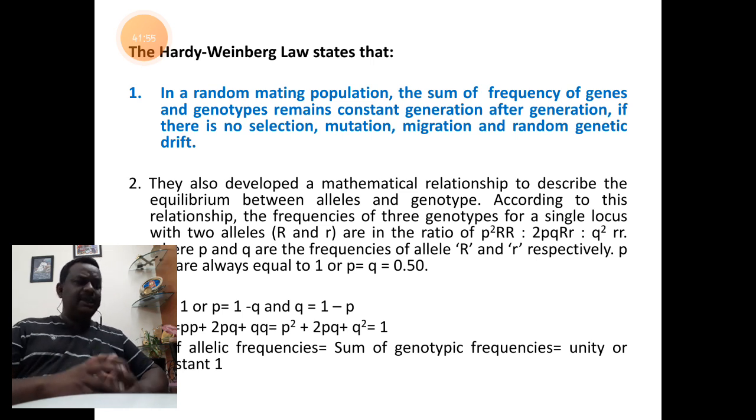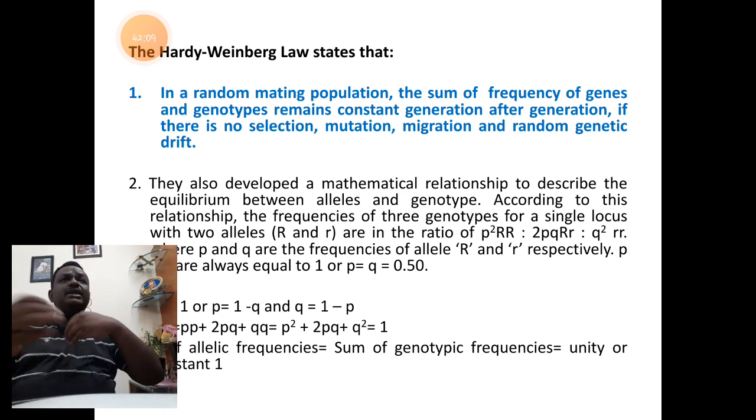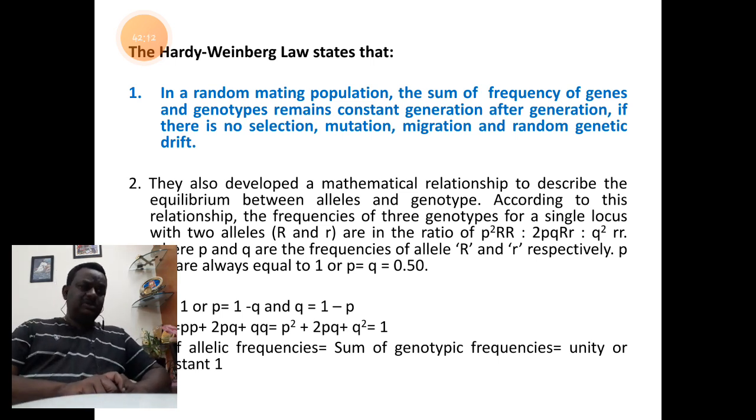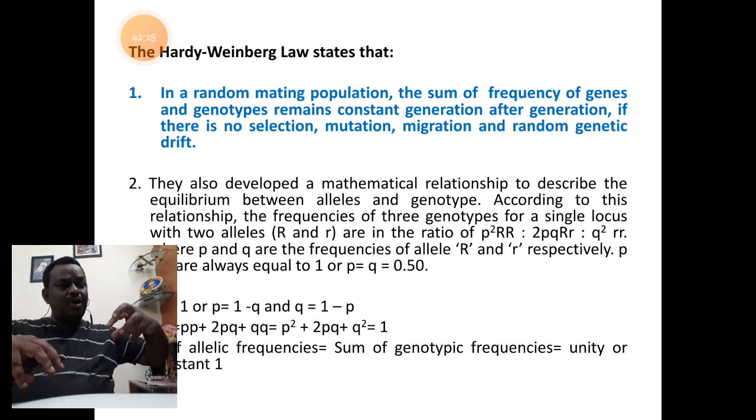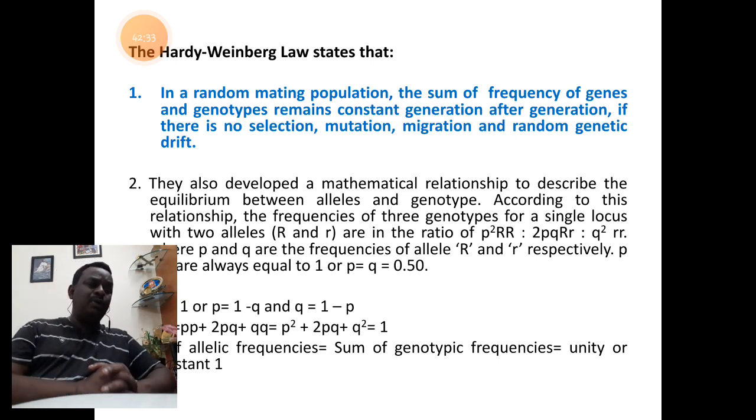It states that in a large Mendelian population with random mating, that is a panmictic population, where any individual can select any individual for mating, the sum of frequency of alleles and the sum of frequency of genotypes both remain constant, equal to 1.